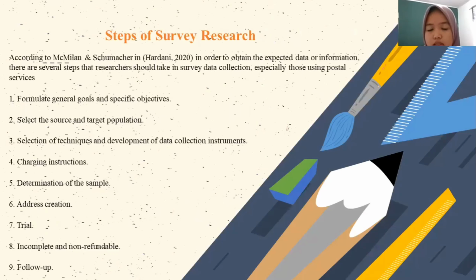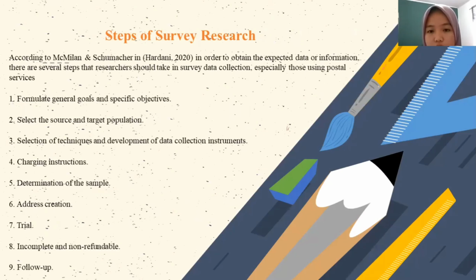Steps of survey research. According to Macmillan and Schumacher in Hardani 2020, in order to obtain the expected data or information, there are several steps that researchers should take in survey data collection, especially those using postal services.